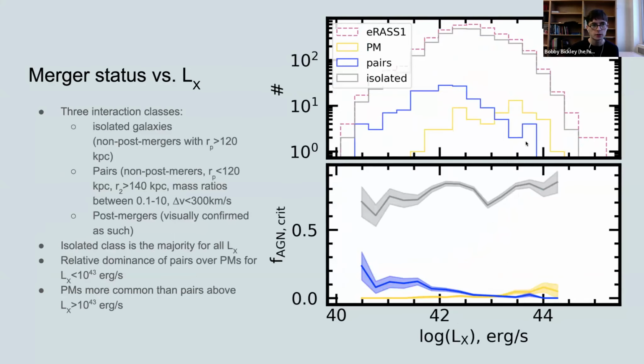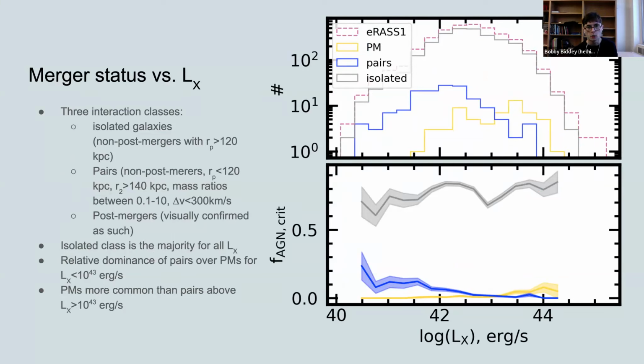What about merger status? So we can make this same plot. And this is actually my attempt to make something mirroring that figure that I showed on my first slide from Shoshana Byrne-Mamahet as far as interaction status as a function of X-ray luminosity, and my X-ray luminosity here is from the observations instead of from IllustrisTNG.